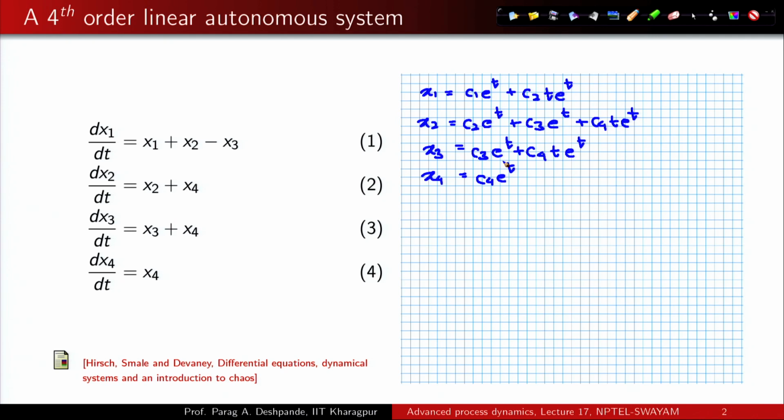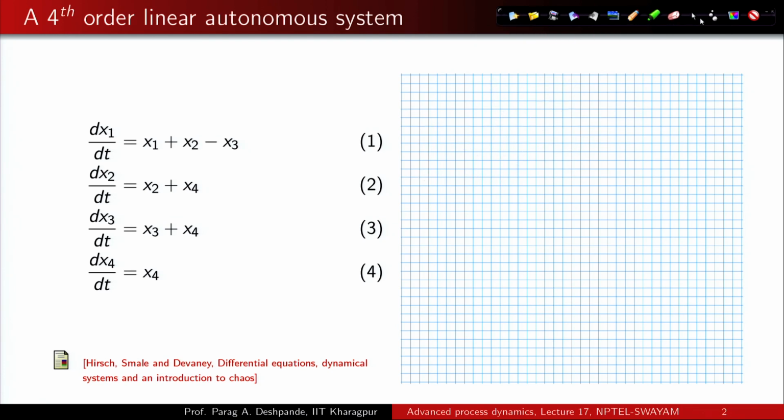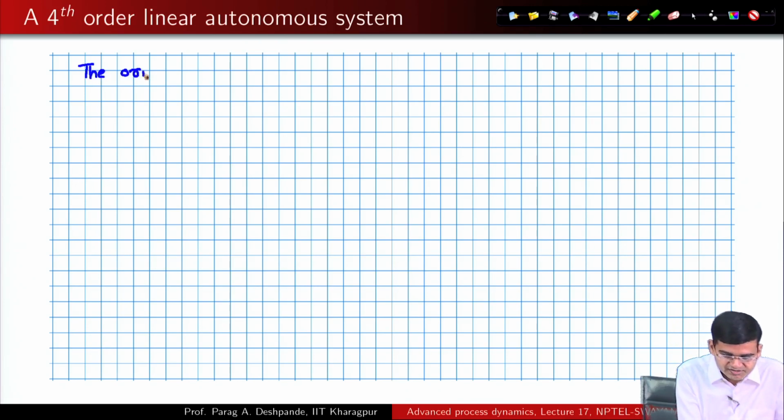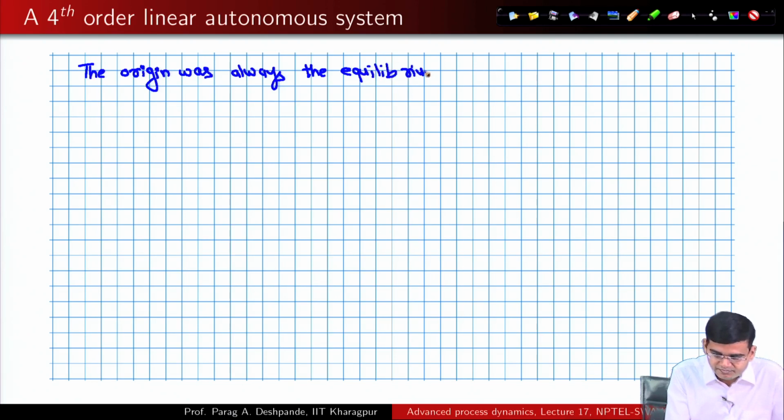Now, in all of our analysis, we always had the case right from the beginning where the equilibrium solution was 0 0, or 0 0 0, or in this previous case 0 0 0 0, which means that the origin was always the equilibrium solution.